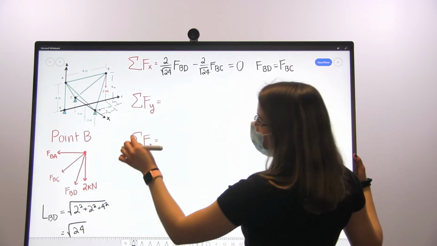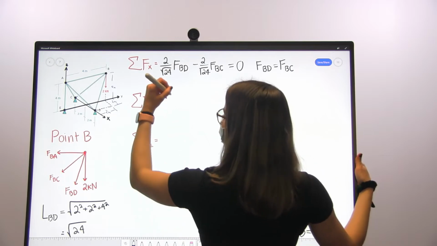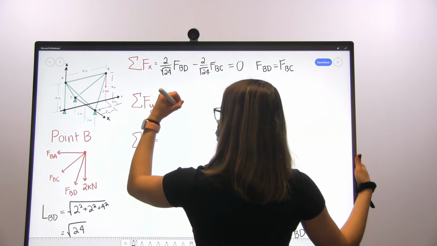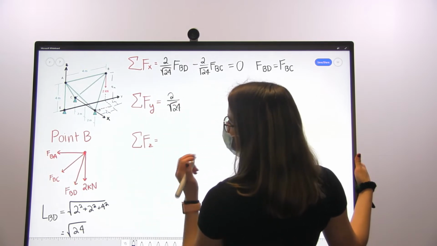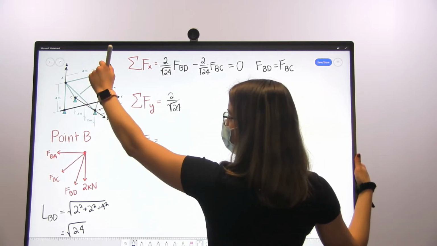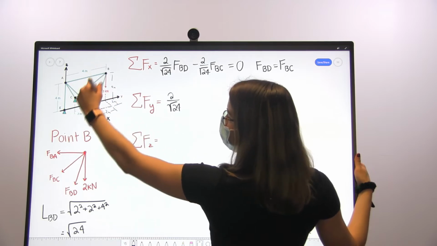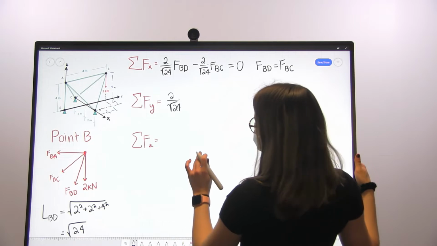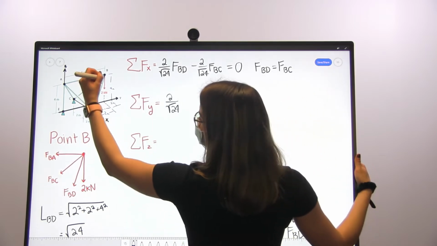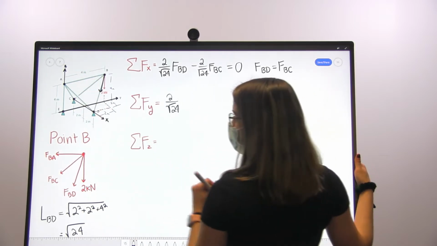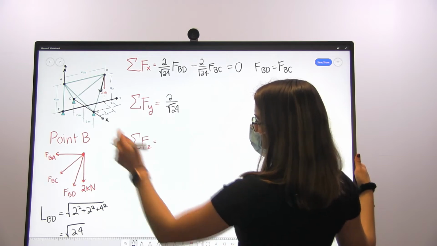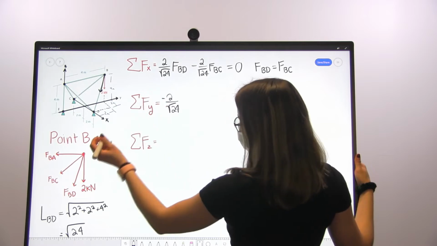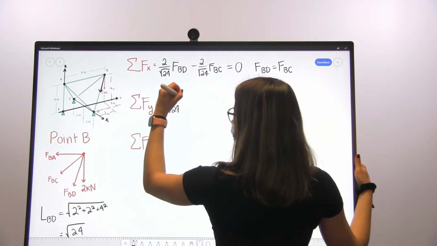Summing the forces in the y direction, we have 2 over square root of 24, and we're going to assume that this force is in tension. We're always going to assume tension in these problems, which means that our force is going down like this, so that is going to be a negative direction in the case of force BD.